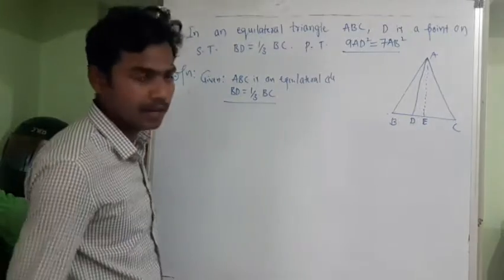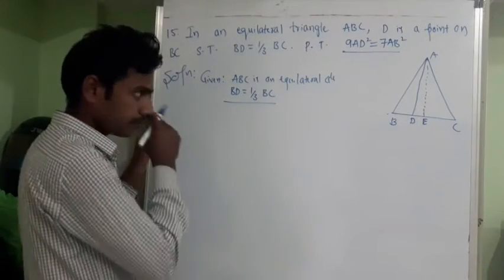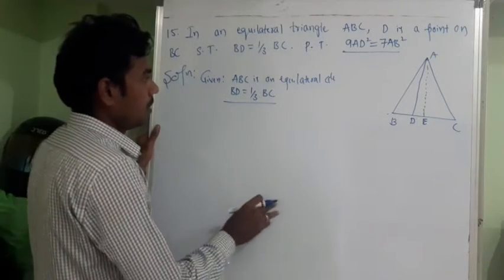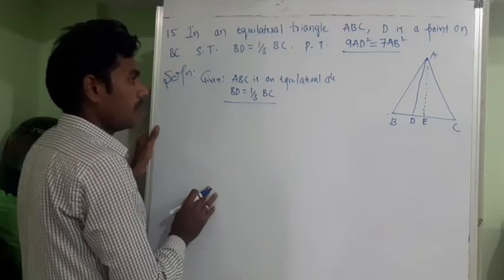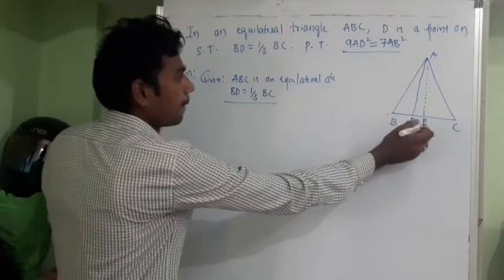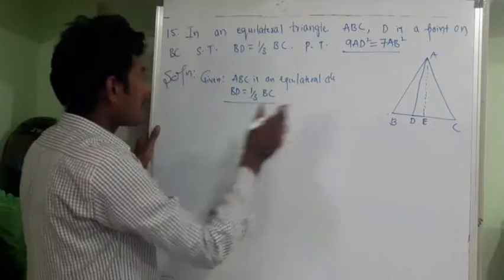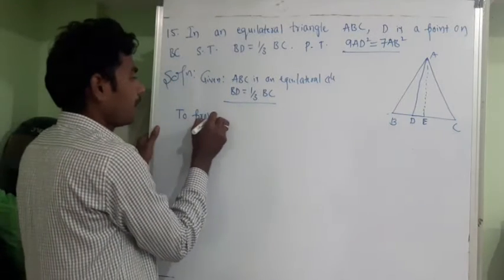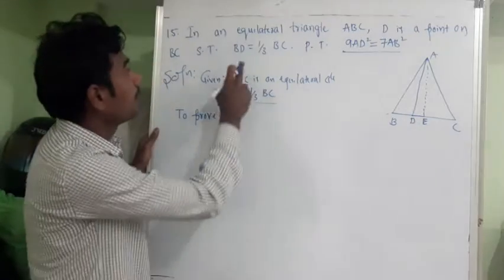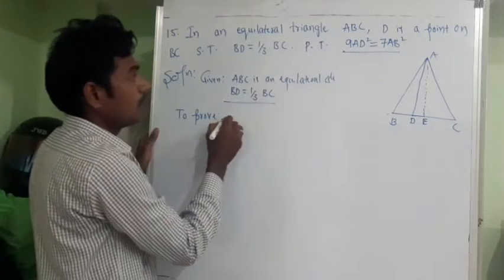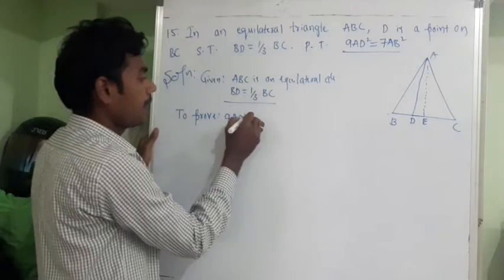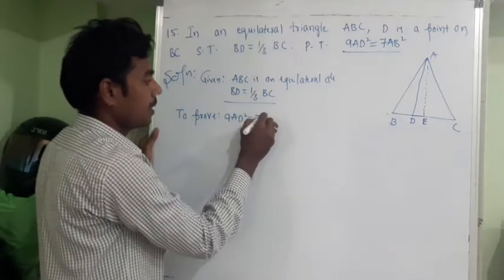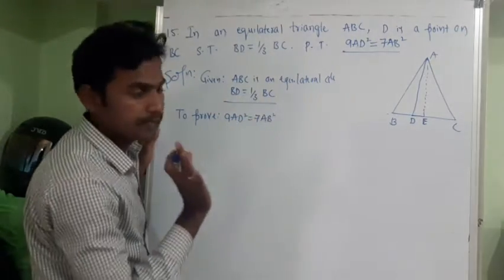This is the given data. Later we'll talk about this. See what we need to prove. We need to prove 9 AD square is equal to 7 AB square. We'll keep it as it is.